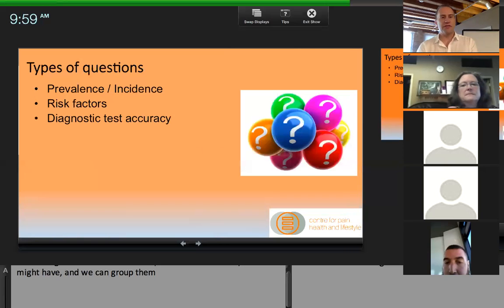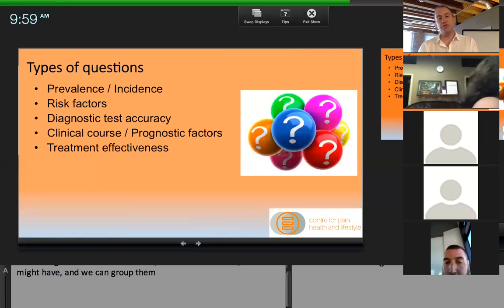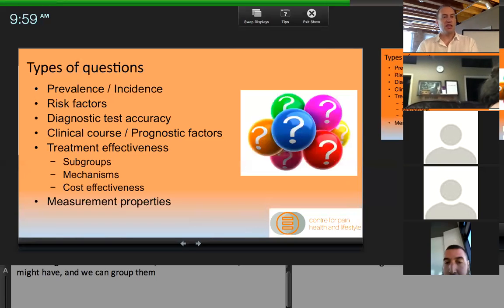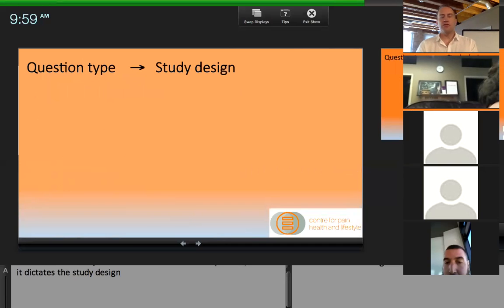We can talk about risk factors, diagnostic tests, clinical course and prognostic factors, treatment effectiveness, and I group these other things in with treatment effectiveness: measurement properties, experiences and preferences. These are really different types of questions, okay? And when you have different types of questions, a different type of study applies.